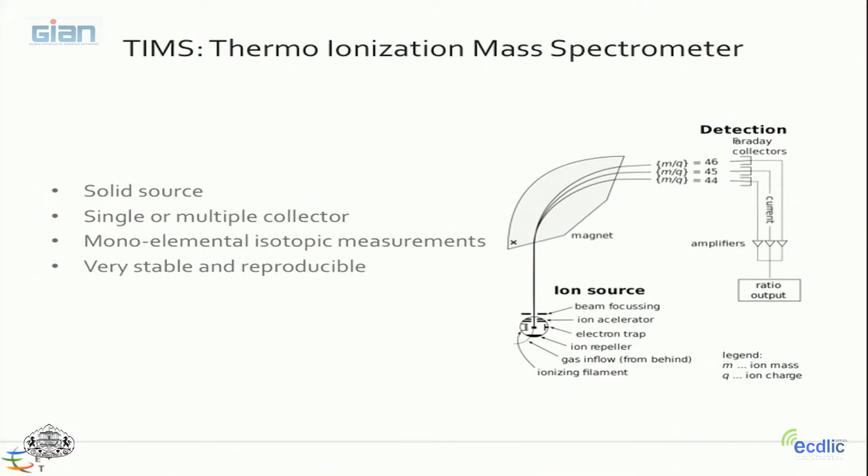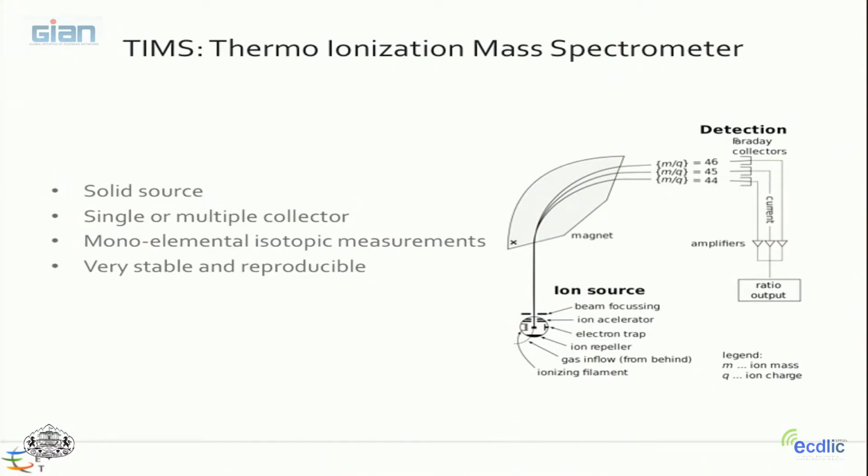In the beginning of the 80s, the middle of the 80s, you start to have what we call multi-collector machines. A multi-collector machine can have several collectors located outside of the magnetic field here, and you can, for example, select the position of the collectors so that each isotope is entering its own collector.